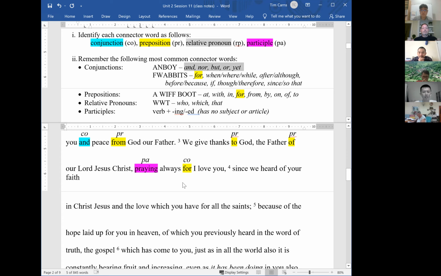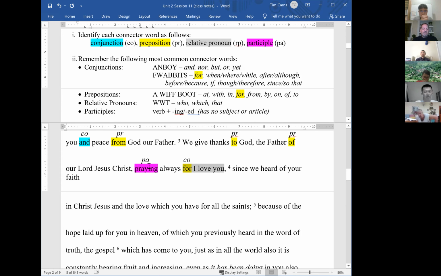All right. Those coordinate, those connect two equal ideas or two grammatically equal statements, whether it's a word or a phrase or a clause. But a subordinating conjunction subordinates, or puts under, the word it modifies.